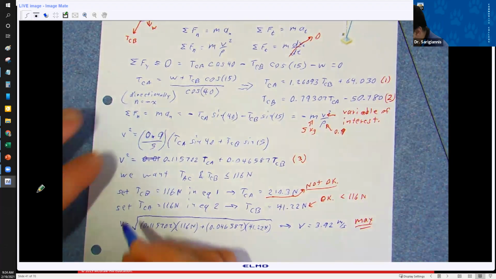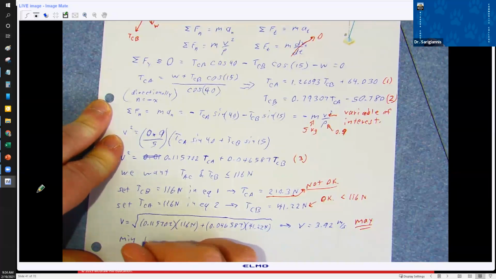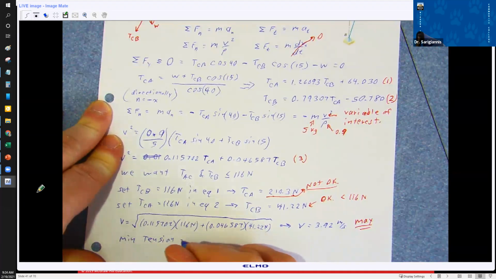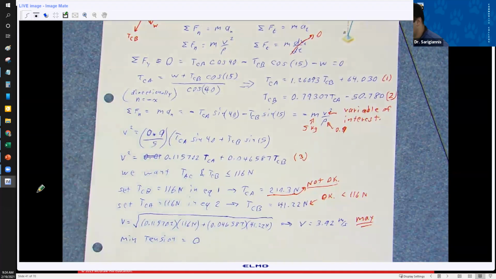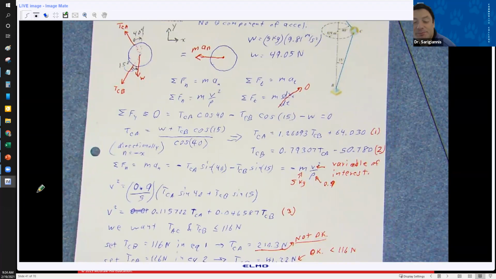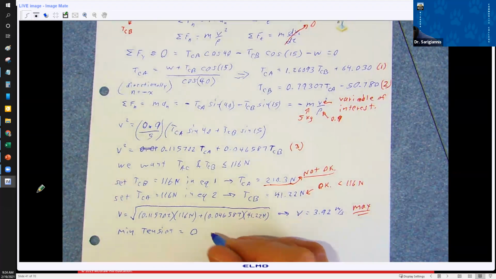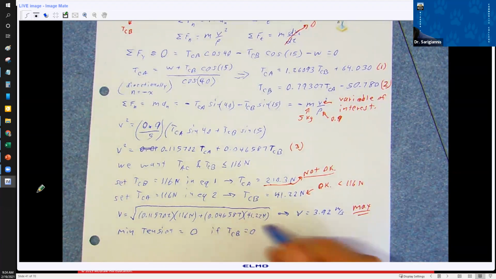So now the minimum tension is 0, right? So let's look at these equations. Oh, I can fit them all. Sorry, I'm not looking at my screen here. So if TCB equals 0, right?